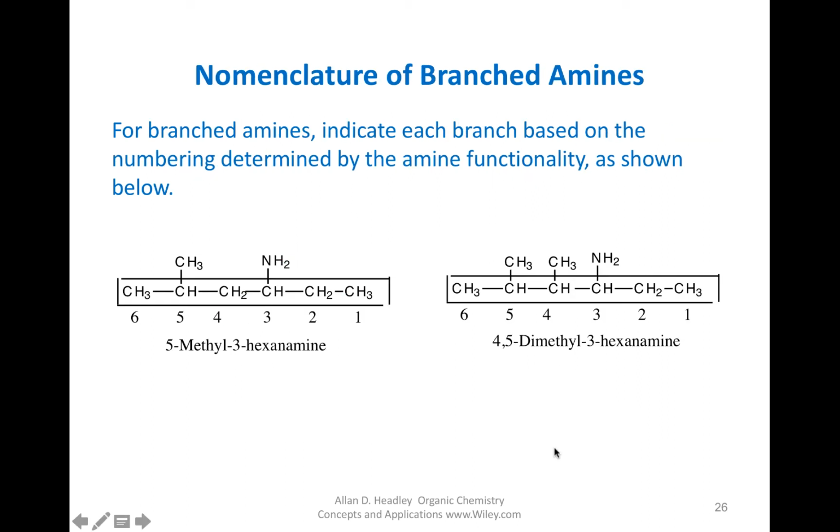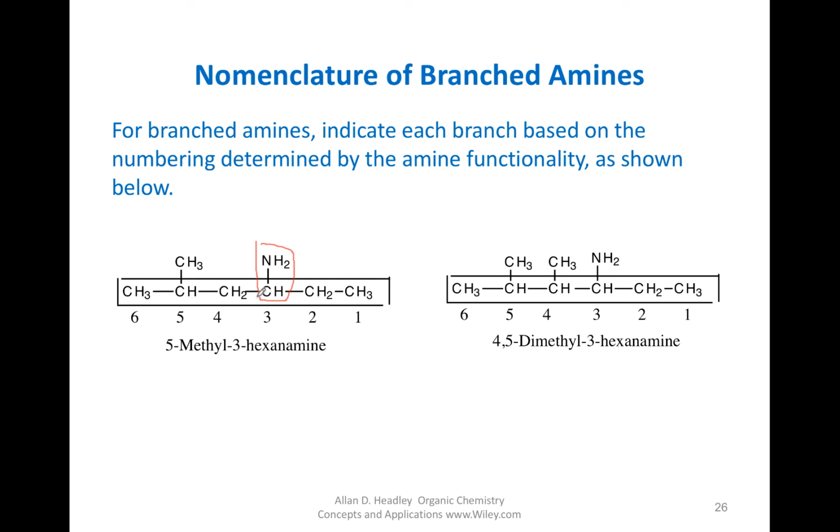Okay, let us look here at branched amines. As you can see, we start here again. Here's the amine functionality. So you can see the first thing is to recognize the functional group. That's why in the last chapter, we had you recognize and identify functional groups, because it will become very important in naming.